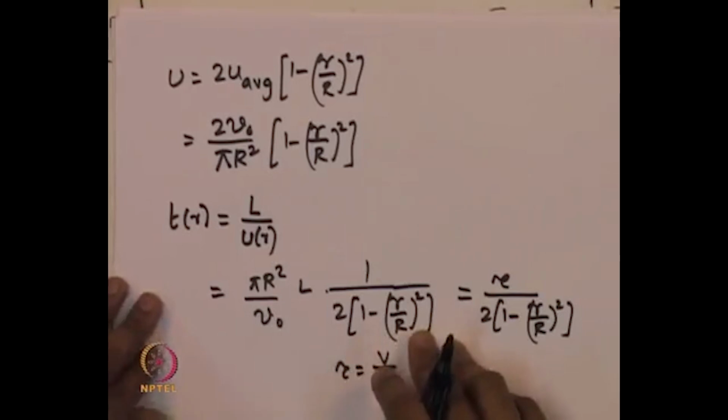Now we need to find out what the RTD function E of t is. In order to find that, we need to know what fraction of the fluid is leaving and what the age of that particular fluid is.